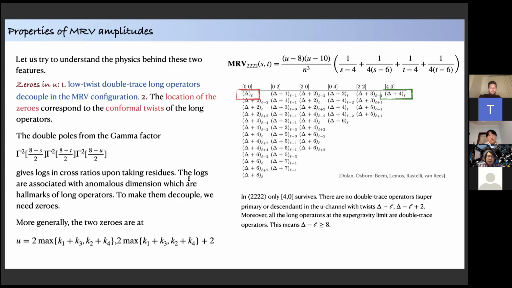These logs are associated with anomalous dimensions, indicating these operators are long operators. But we just argued that the twist 8 and twist 10 long operators should decouple. So we must soften these double poles, and to do that, we need zeros precisely at these locations. This phenomenon is completely general. So in the general case, we are going to have some zeros in U at these locations.